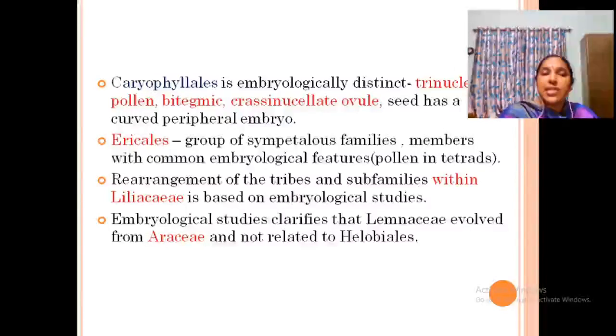Liliaceae is characterized by embryological features, so Amaryllidaceae and Liliaceae are distinguished like that. Then Lemnaceae evolved from Araceae. It is proved mainly by taking embryological features, and it is not related to helobial. So you have to mention some examples while discussing the applications of embryology in taxonomy. Understood?